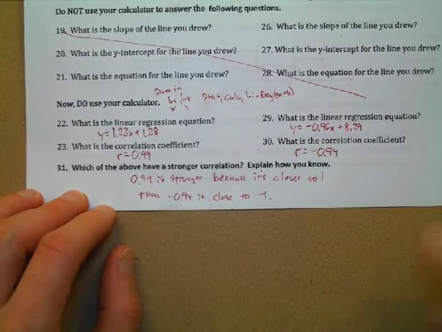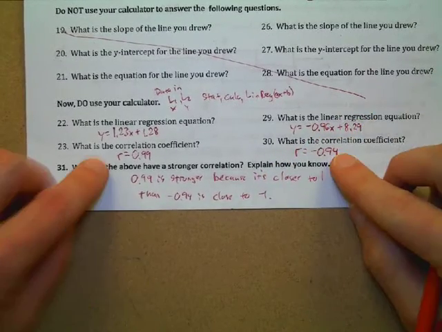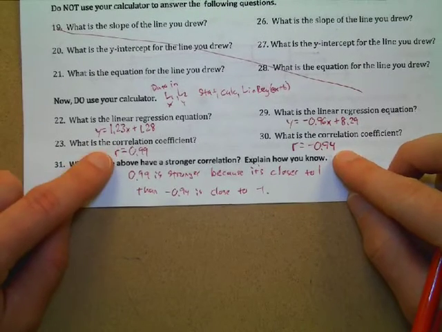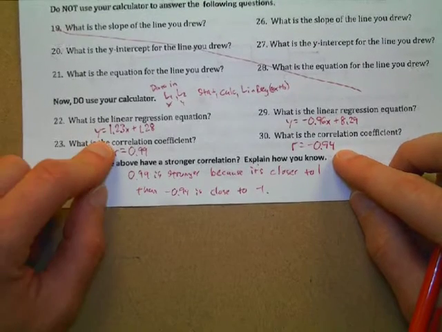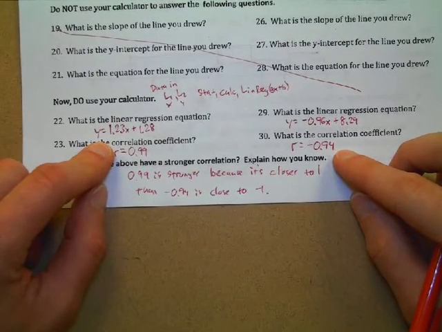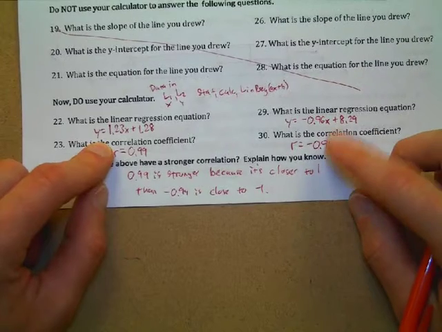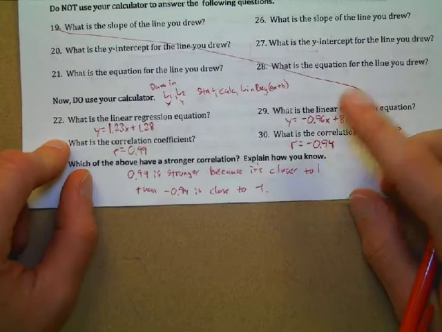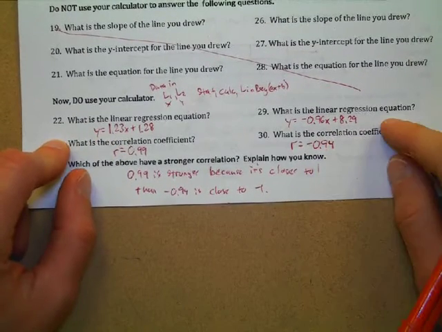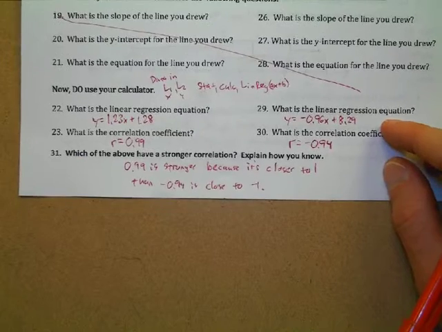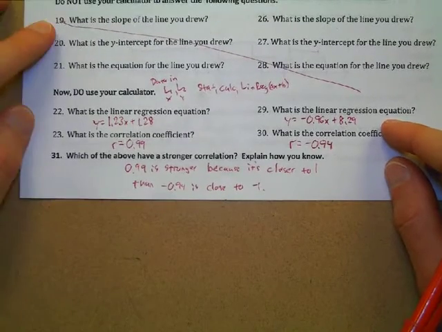If these were reversed, so if it was negative 0.99 and positive 0.94, then this one would be the stronger one. Okay? It's whichever one is closer to 1 or negative 1. That gives you the stronger one. All right, questions on any of that?